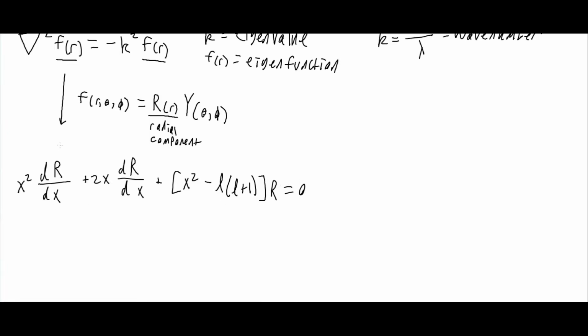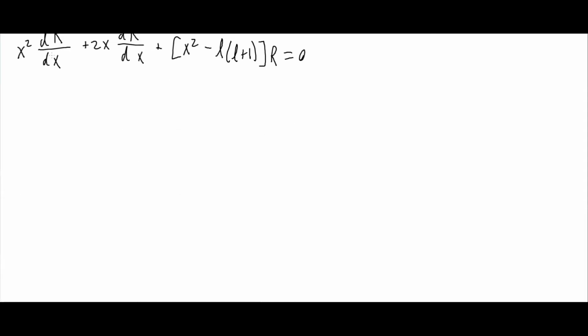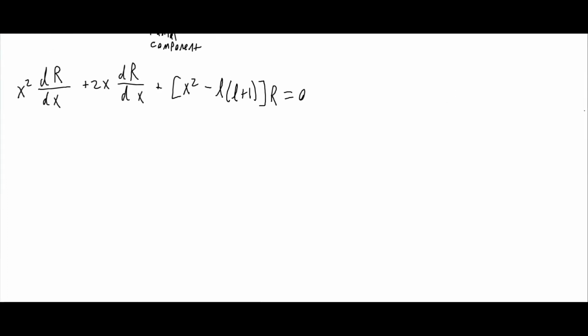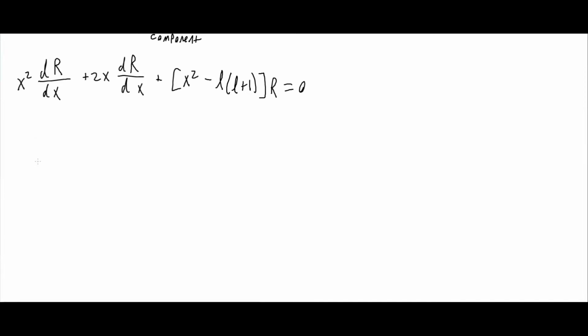And so we could go through our usual way of solving differential equations using the Frobenius method and so forth, and I'm not going to go through the whole process here, but what we will end up with is two solutions. Jn of x is equal to the square root of pi over 2x times the Bessel function of n plus 1/2.